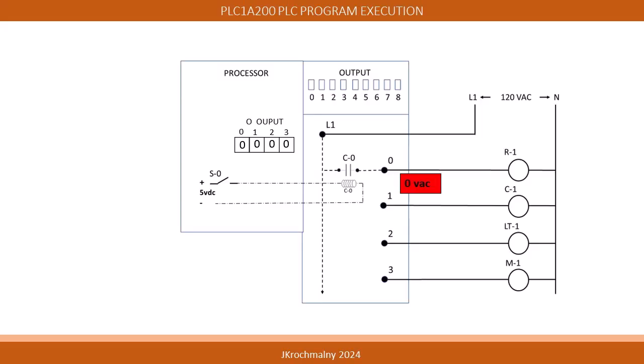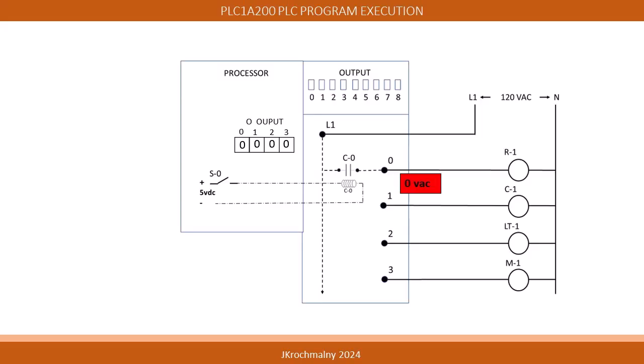This is now in an open condition. In this condition, notice that the C0 coil in the output module is in the de-energized state. In this condition, there are 0 volts appearing on the PLC output module's terminal 0, and therefore keeping the related load from operation.